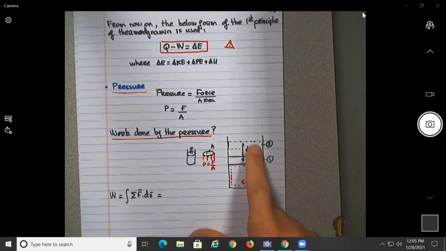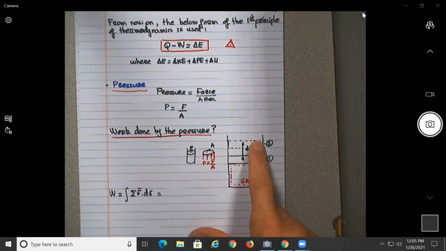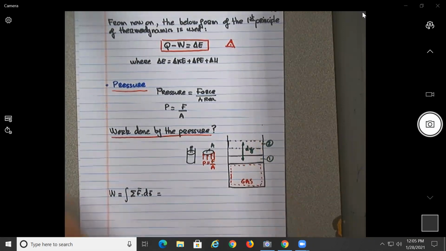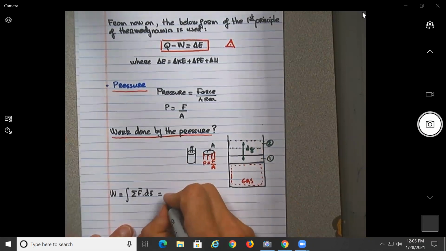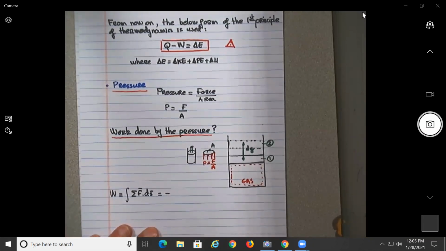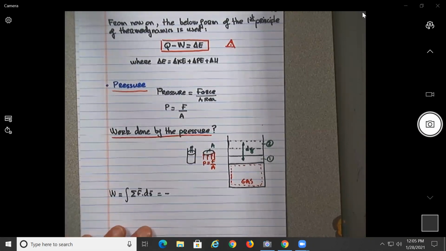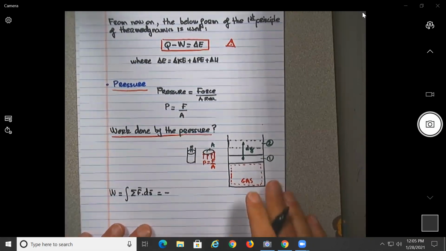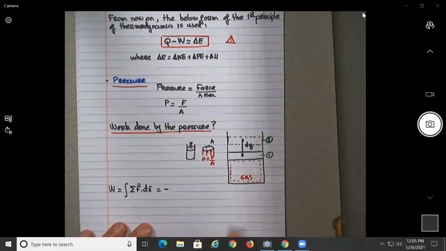And if you try to move it up, you're going to create a bit of vacuum. So it's going to have a tendency to go down. So we agreed that the work done by the pressure is going to be, no matter what, negative. And that's another thing that the book is going to change, but again, it should be negative.